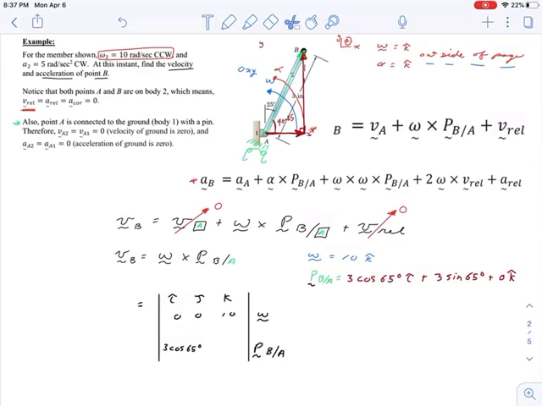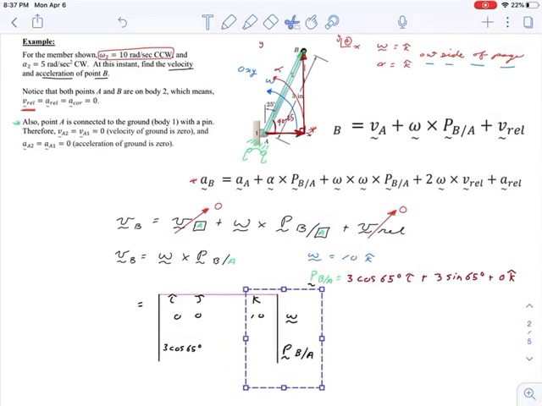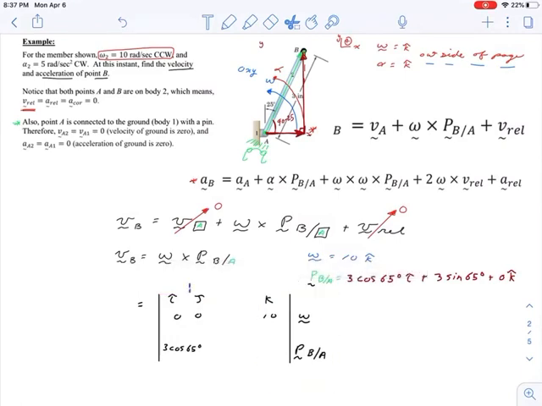Looks like we're going to need a little bit more room here. Okay, let's see if that will be enough room. So this will be 3 sine 65 and 0. Looks good. This is V relative to B. So we can conclude that V, the velocity of B.